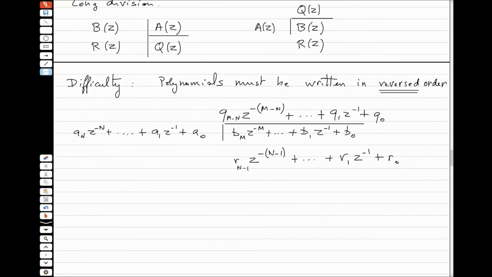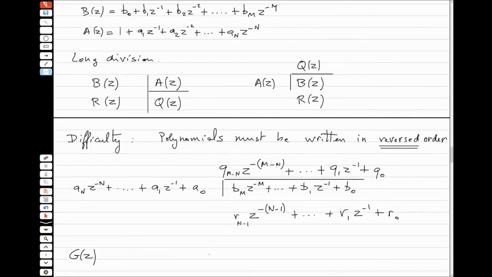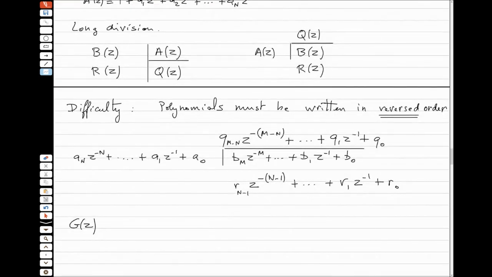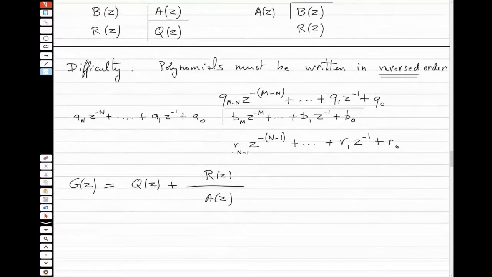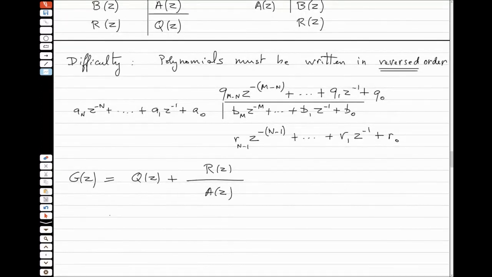All right. So this is it. However, when you go back to the result of the division, you know that G(z) must be Q(z) plus R(z) divided by A(z). That is the result of the division. Again, regardless of the method you have used, you must change the order of the polynomials.